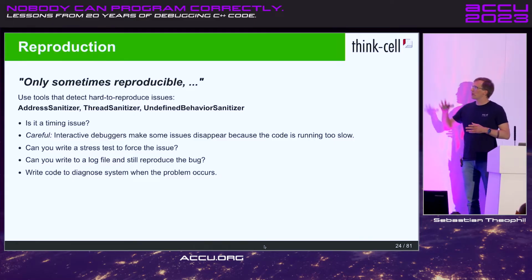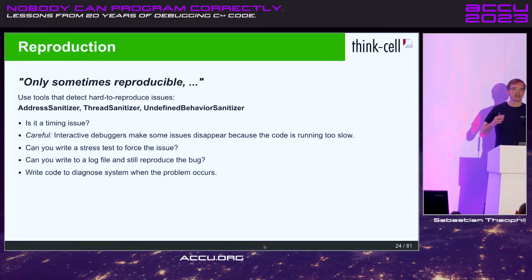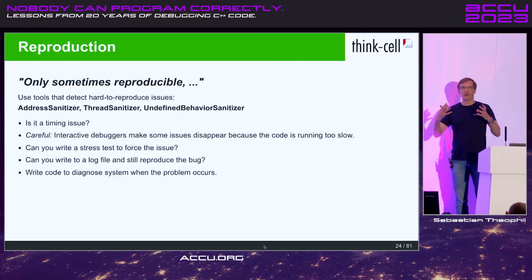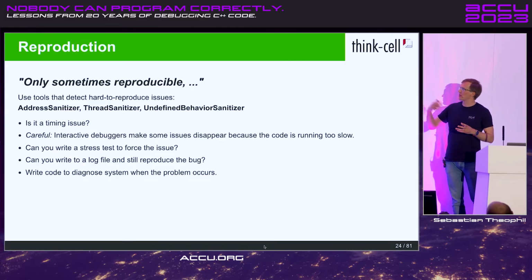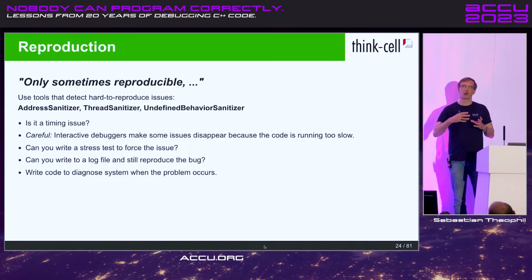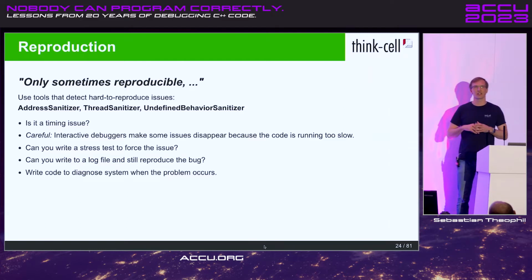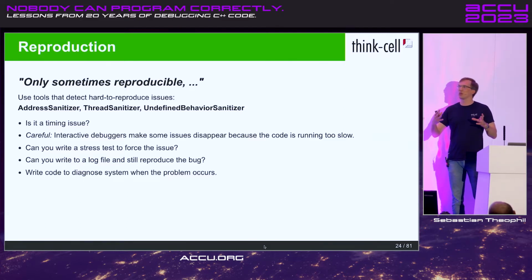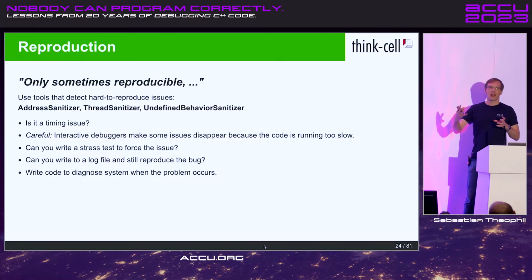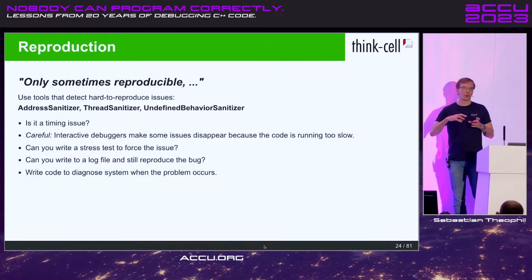So what the address sanitizer and the other sanitizers do is to instrument your code to reliably find, for example, in case of address sanitizer, issues where you use, let's say, a variable that has been destroyed already. Typically, if you're not using raw pointers here and there, that might also mean a variable that has gone out of scope, but you still hold a reference to it, for example.